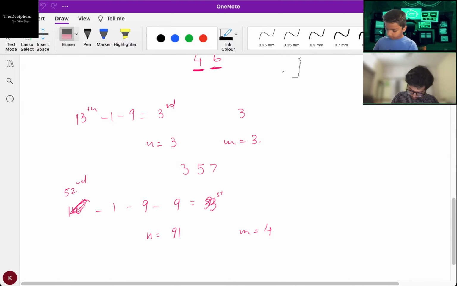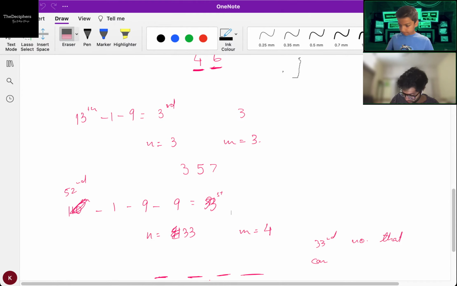So this will be 33. So now let us try to see which number comes 4 places to fill, right? And we only need to focus on these ones. So we just need to think about the 33rd number that can be made using 1 to 9 only.